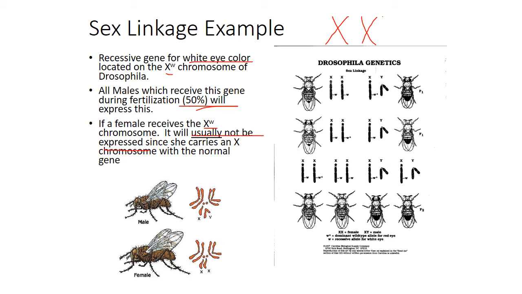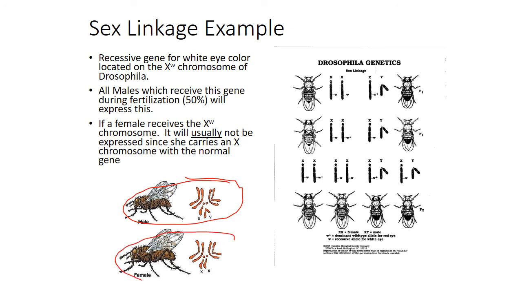So W is for white. One will have a W and the other one will have a plus. If it has that plus, it's not going to show up, whereas for a male, he just needs that one with the W for him to show. So here, we have a male that has it and then a female that doesn't.